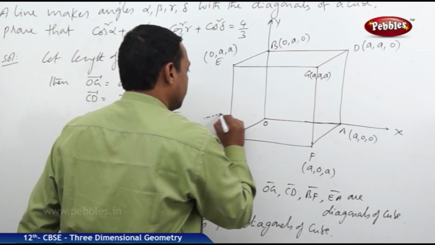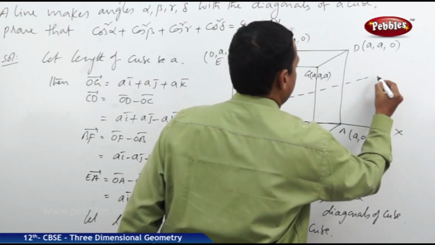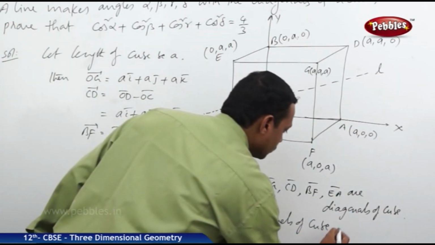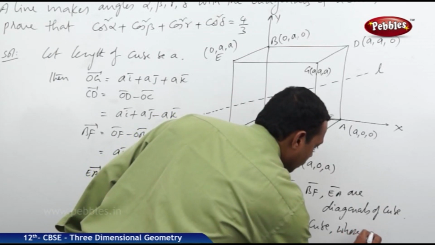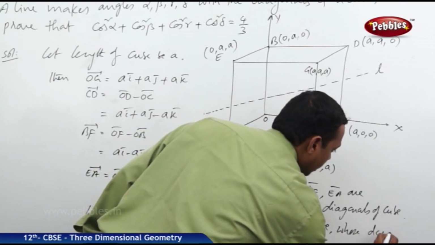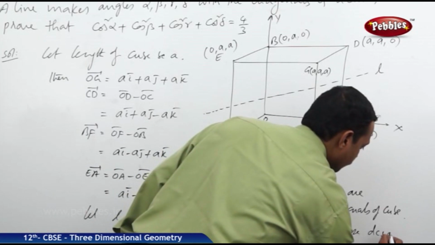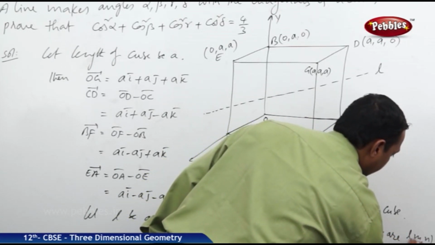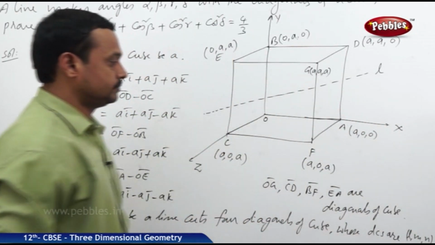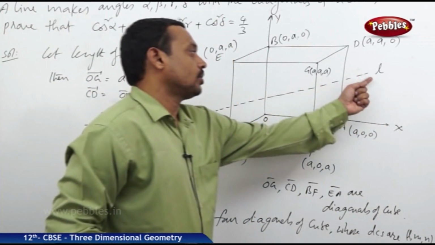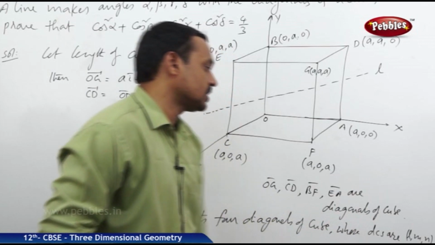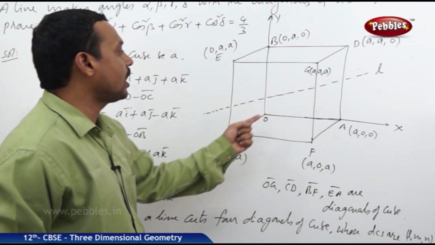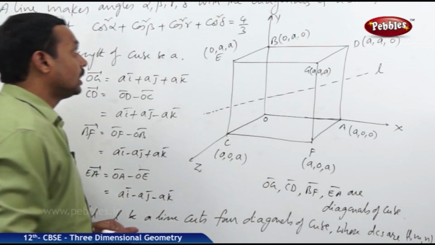Let it be the line like this, whose direction cosines are l, m, n. Now this is a line whose direction cosines are l, m, n which cuts all the four diagonals of a cube.